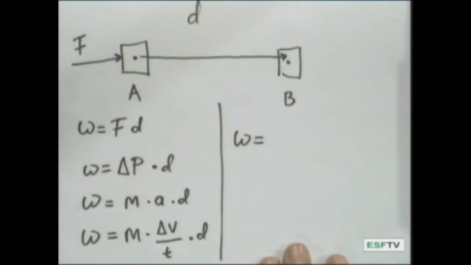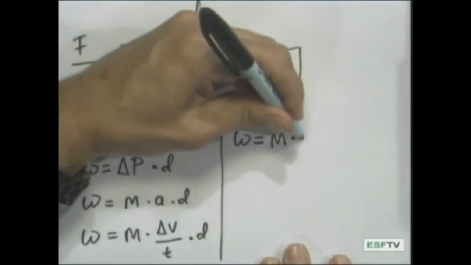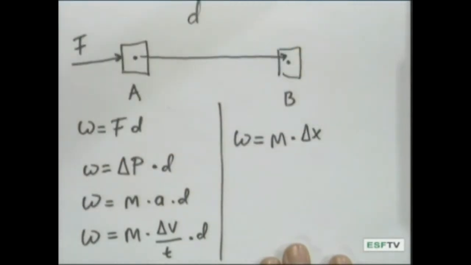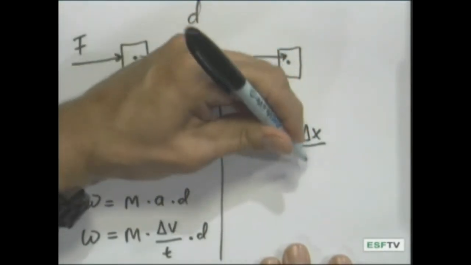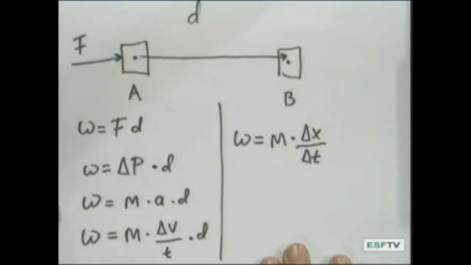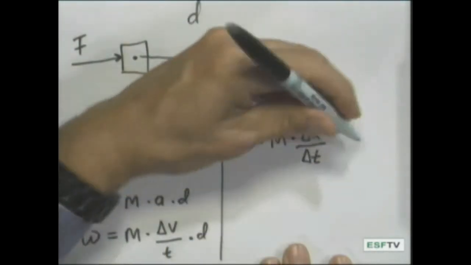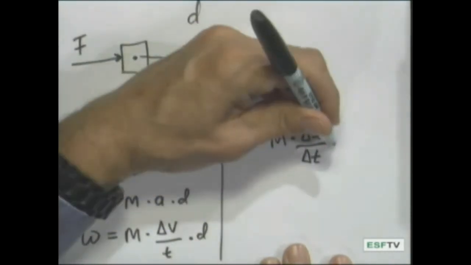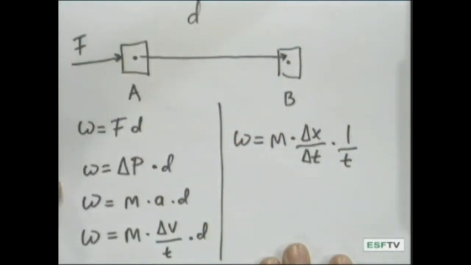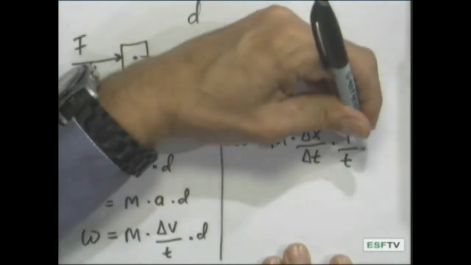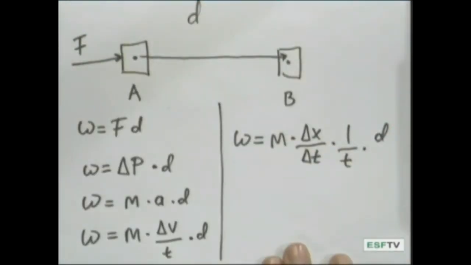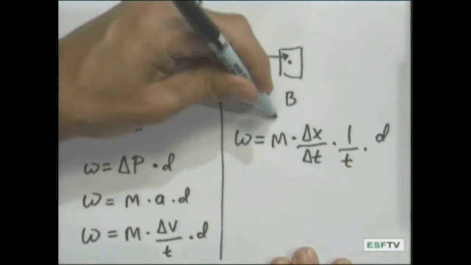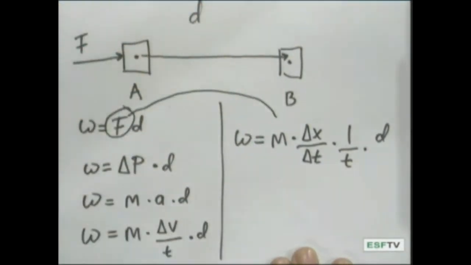Work is equal to mass times a change of position, distance, over a change of time, and this is a change of velocity, a change of distance over time, and then of course we have this multiplied out by the distance moved. So this equation is basically this relationship, okay?